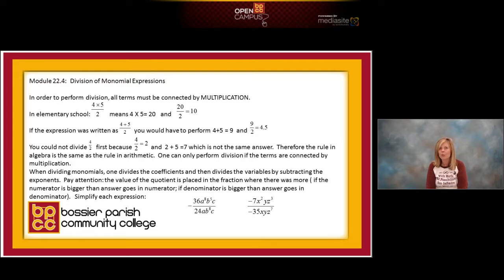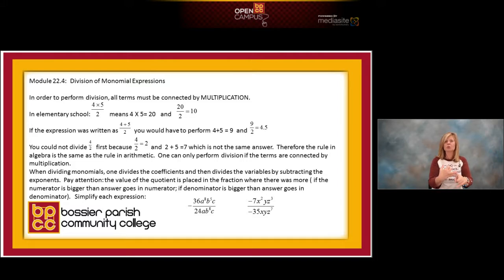Now, believe it or not, we have been dividing monomials for 3 lessons now. I've just not called them monomials. Okay, so now we're going to go to the video and we're going to practice everything we've learned about division. We learned when we divide, if we have the same base, we subtract exponents. We learned when we divide, we put our quotient or answer where the bigger term was.